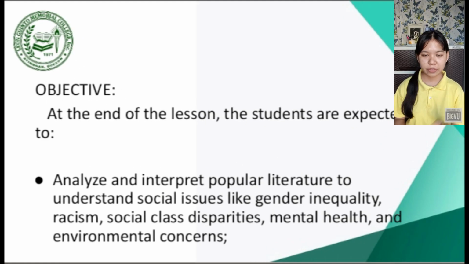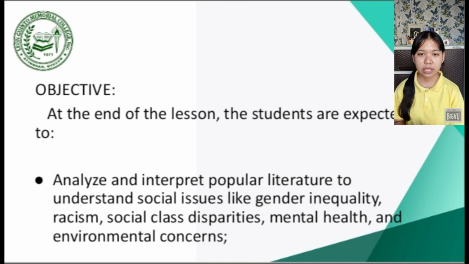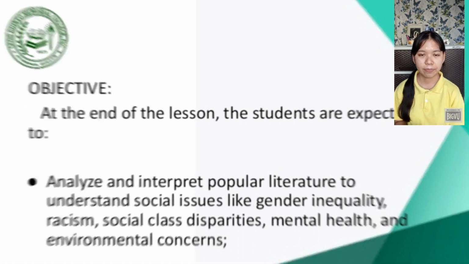So here are the objectives of my topic. At the end of the lesson, the students are expected to analyze and interpret popular literature to understand social issues like gender inequality, racism, social class disparities, mental health, and environmental concerns.